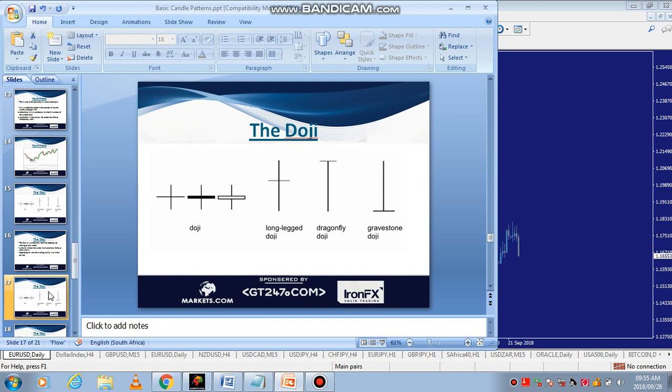As we can see here, the candle opened here, went up, went down, and then closed at the same price where it opened. Same as this one, the candle opened, went higher, went down, and came back and closed here. It opened here, didn't go higher, only went down, and then came back and closed at the same price where it opened.